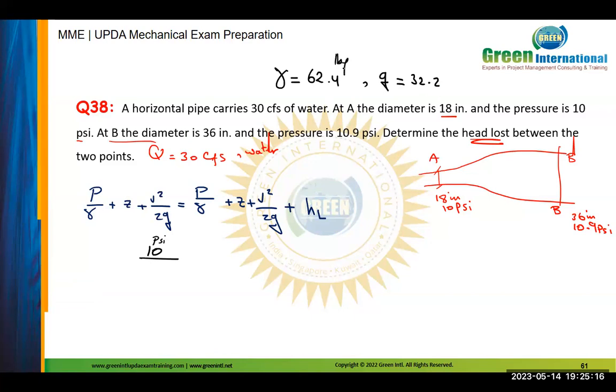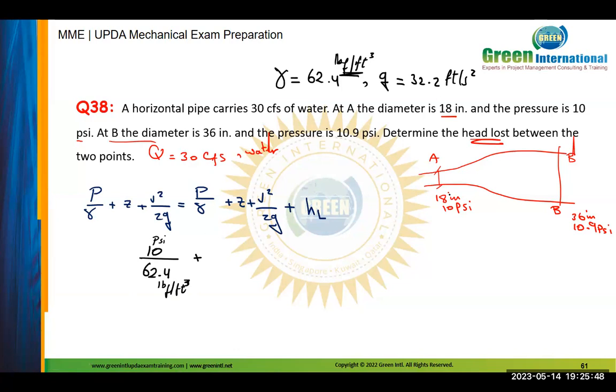Gamma is pound force per feet cube, and g is feet per second squared. So be careful, because gamma is pound force per feet cube, but the pressure up here is pound force per inch squared, psi. They have different units, so we need to convert units. I will come back to convert units, but just wait.